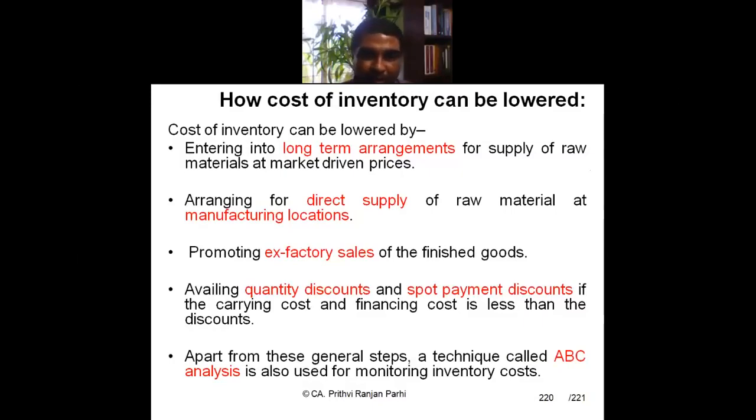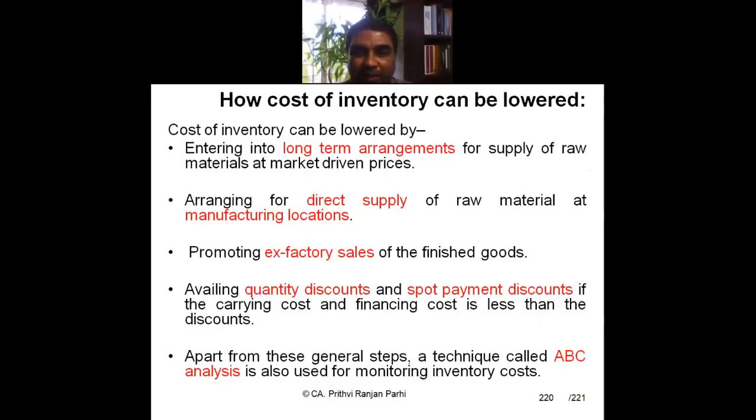Directly material is supplied, so manufacturing cost will also reduce. At the time of selling, it can be sold ex factory, at the factory gate, so there is no need of storing finished goods. Quantity discounts can be availed if you purchase in large size. Spot payment discounts, if you make payment promptly, you can also get.